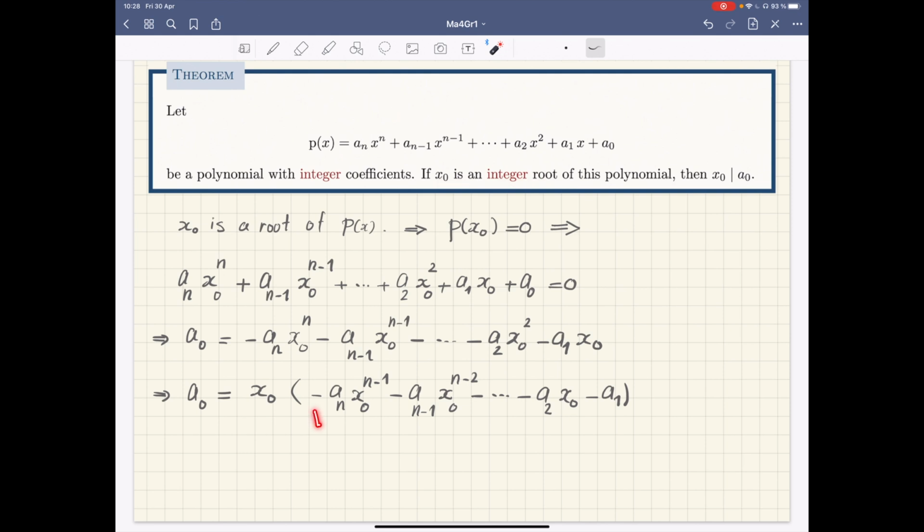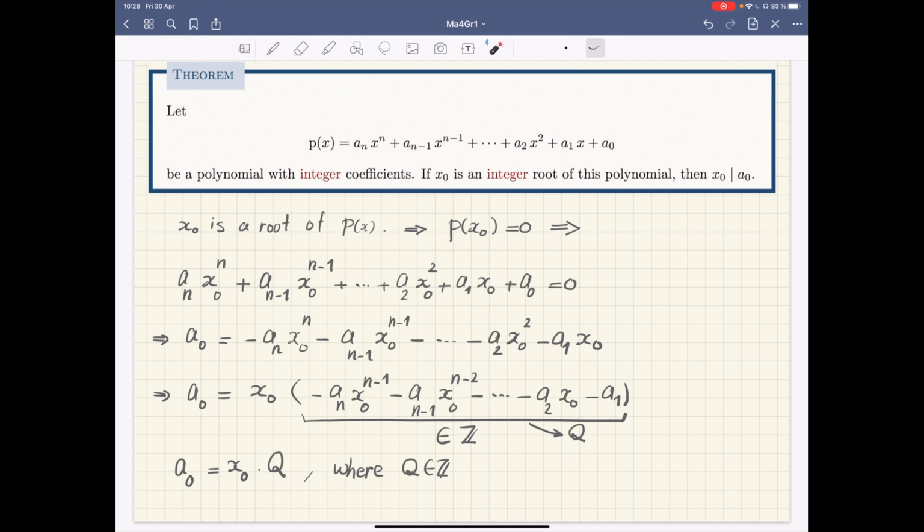So hopefully you agree that this combination is an integer. So I would say that this expression is an integer, so it belongs to the set of integers. So let me call it Q. So then I would say that A node is equal to X node multiplied by Q, where I'm calling it Q, okay? So I'm giving it a name Q. So where Q belongs to Z, okay?